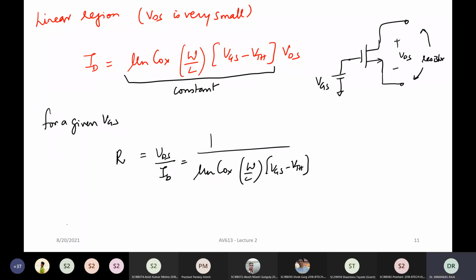Now, many times this is what is called the on resistance of your MOSFET. Why is it called the on resistance? Typically, if you look at an inverter, I'm sure all of you are familiar with inverters, let's say this is your NMOS and PMOS transistors, this is your VDD, this is your VIN.